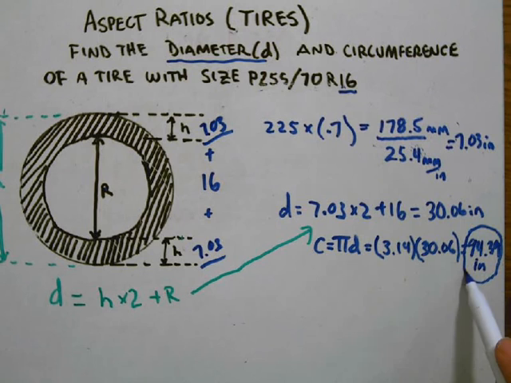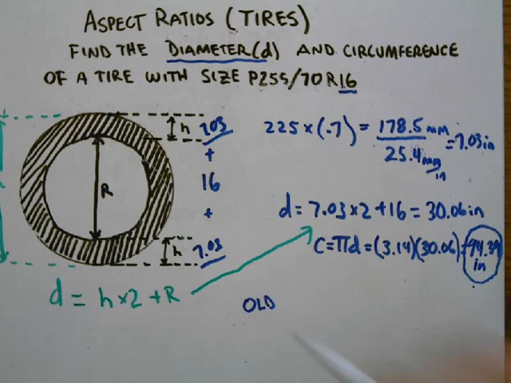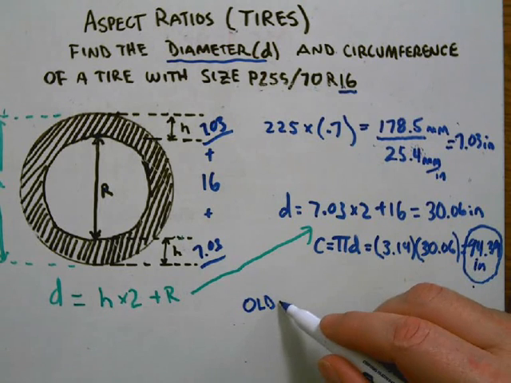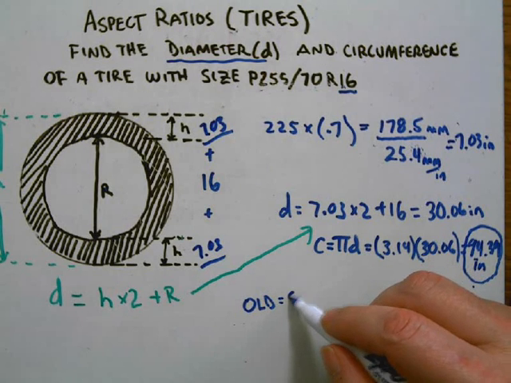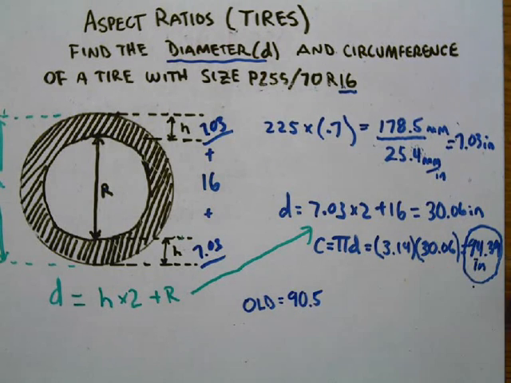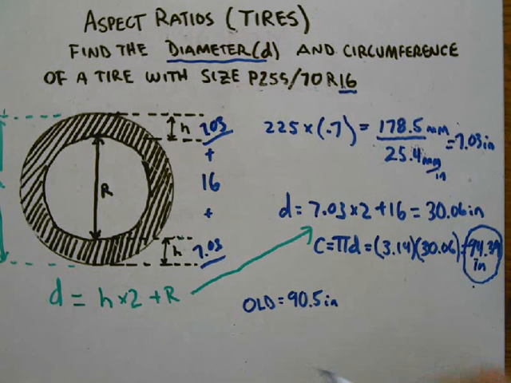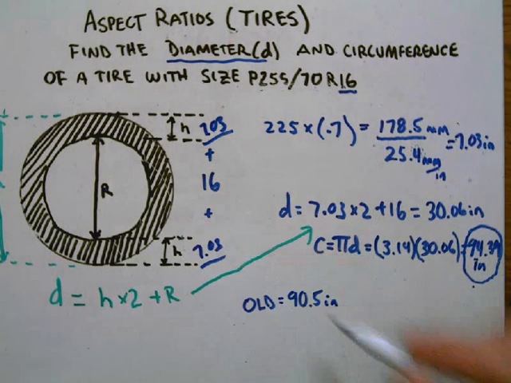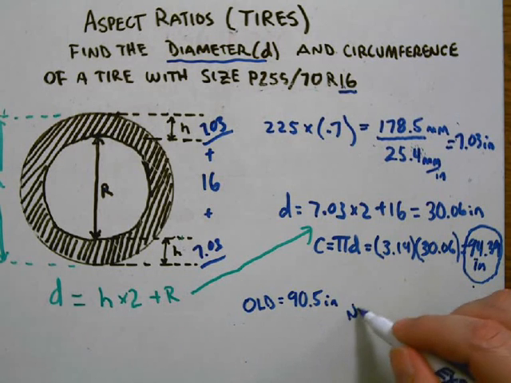Now, let's say that these were replacing an old pair of tires that were, let's say, 90-inch circumference. Now, let's say 90.5, just for the fun of it. So, what we would do is to find the ratio of the increased size of the tire, take the new and put it over the old and divide in the calculator.